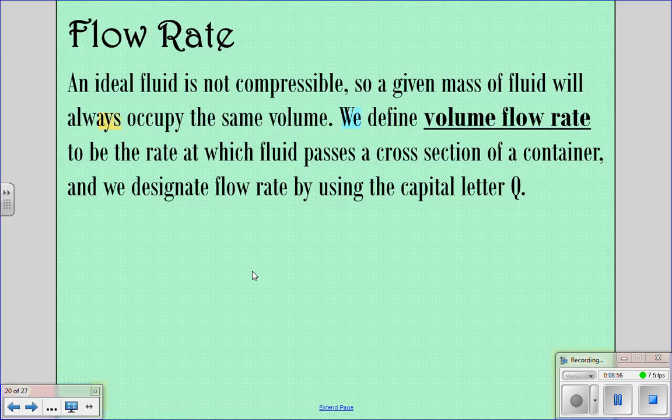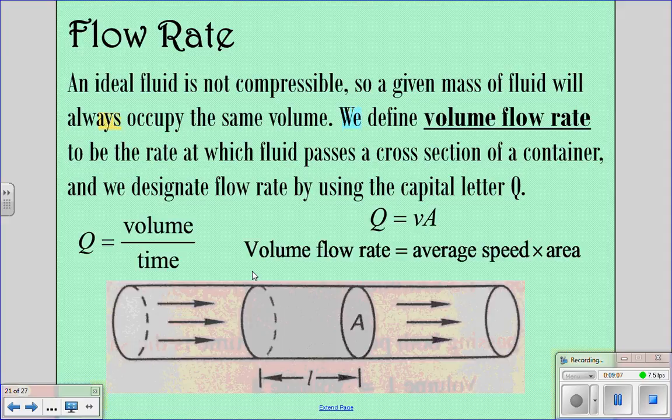They like to do that sometimes, use the same variable to represent multiple things, but volume flow rate is going to be represented by a Q. So Q is, you can either write volume over time, or it's your V times A, the velocity, the average speed, times the area. And it's the area of a cross section here.